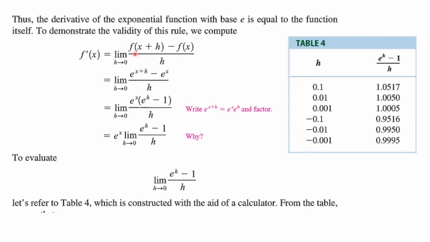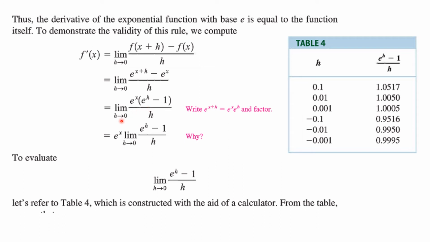When I use y equals f of x equal e to the x, I get e to the x plus h minus e to the x over h, the limit of this as h goes to 0. But I can factor e to the x out of this numerator, because e to the x times e to the h is e to the x plus h, and e to the x times minus 1 is minus e to the x. So that is certainly true.